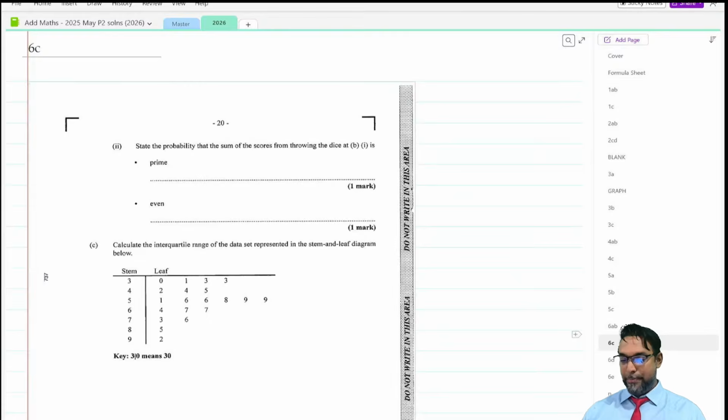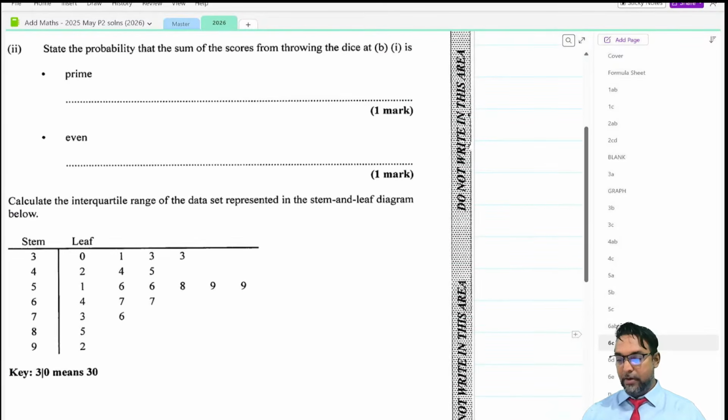Part 6: State the probability that the sum of the scores from throwing the dice is prime or even.